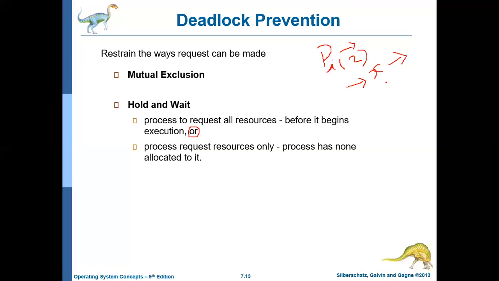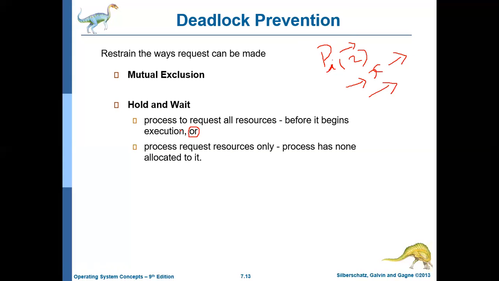In that case, the operating system should ensure that the process first gives up all its resources. First the process gives up all the resources, then only can it request new resources. The process can request new resources only if it has no resources allocated to it. So by following these two conditions, hold and wait can be avoided.